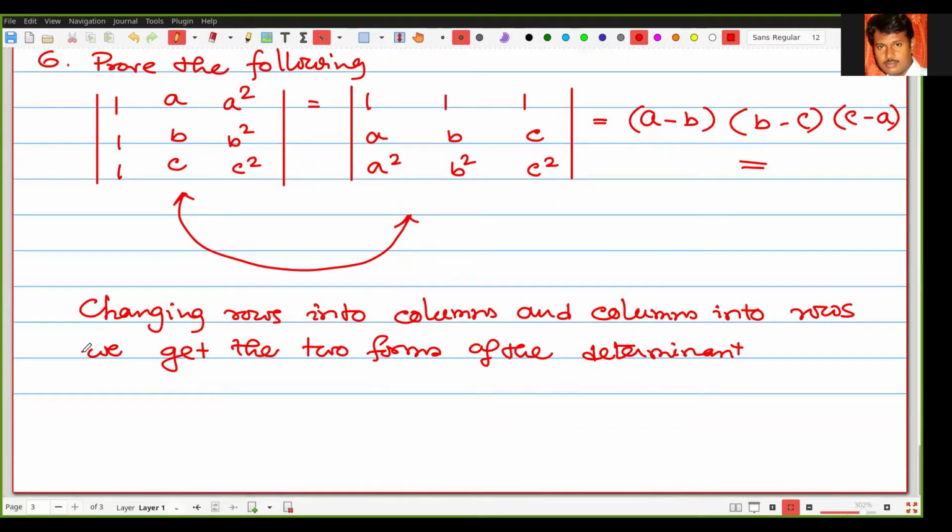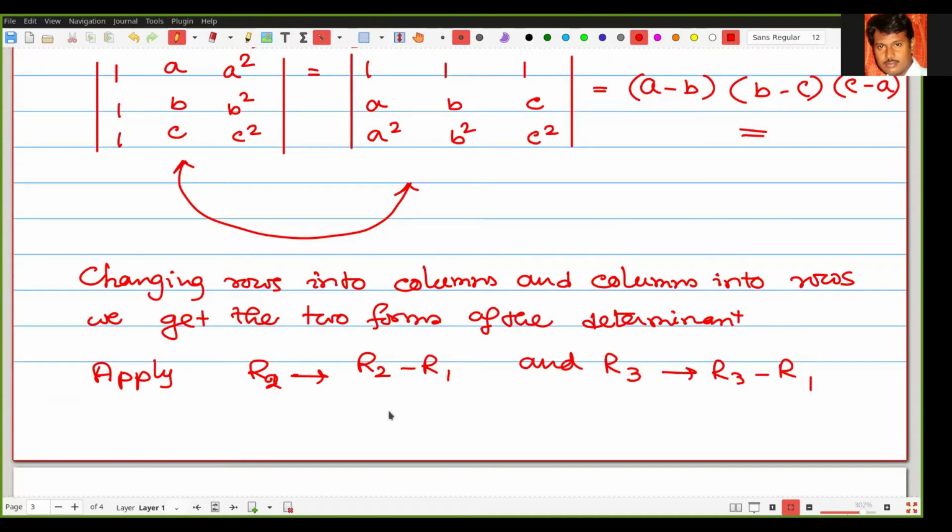At first, we are applying some operations. So apply row 2 to row 2 minus row 1, and row 3 to row 3 minus row 1. Let's check what happens.